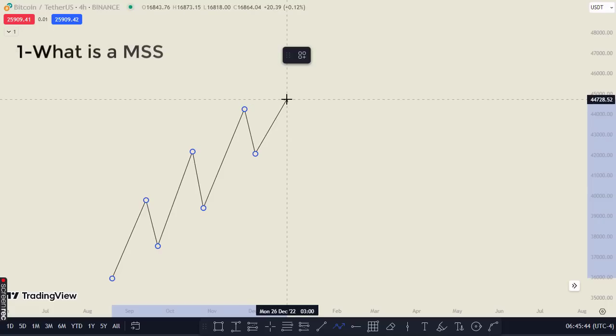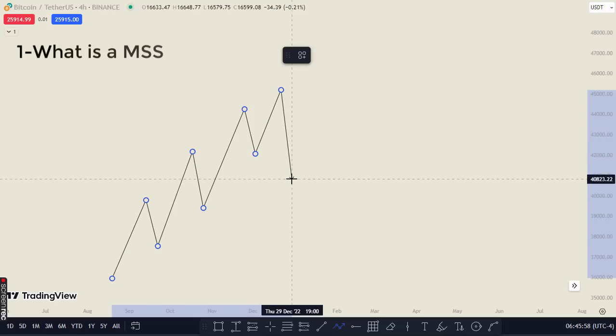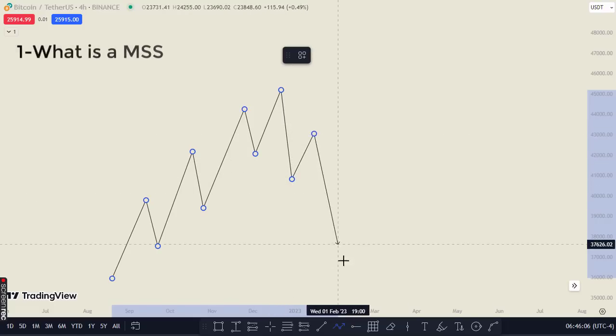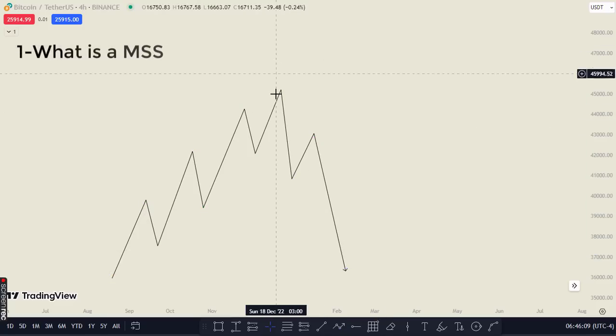For example, a PD array, a swing high, an order block, fair value gap, anything, a breaker block. And then you want to see a displacement leg to the downside, and then retracing to here, maybe 50% or premium, and then continue lower. So this is how a market structure shift looks like.